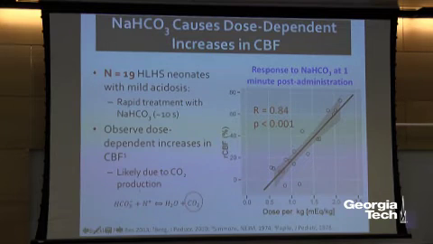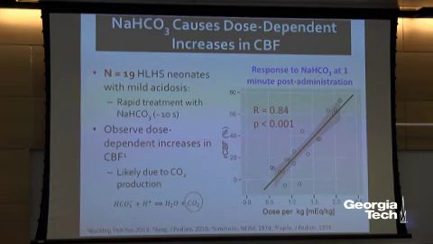So we captured 19 patients who were given this drug. They were all given it as a bolus, so very rapid administration. And what we saw was that there was this profound dose-dependent increase in cerebral blood flow when the drug was given. So this is the relative increase in blood flow measured 1 minute after administration versus the dose of bicarbonate they were given.